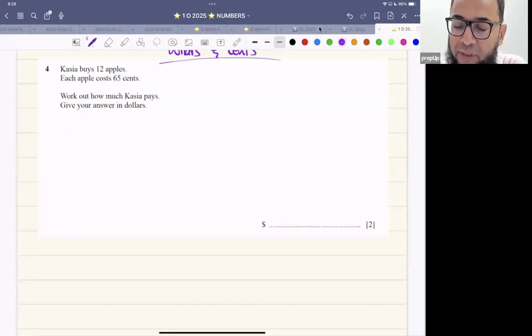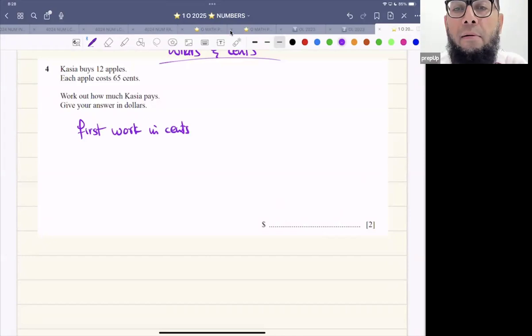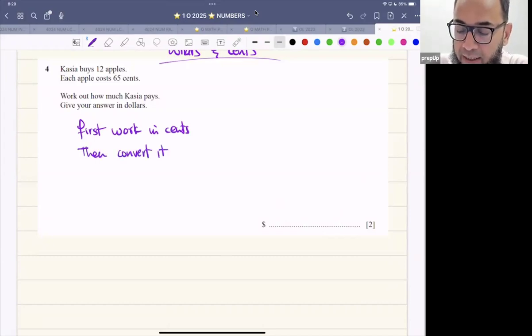Work out how much Caie pays. Give your answer in dollars. First, work in cents. Let me just double check. Have I resumed the recording? Yeah, it's already on. So first work in cents, then convert it to dollars.